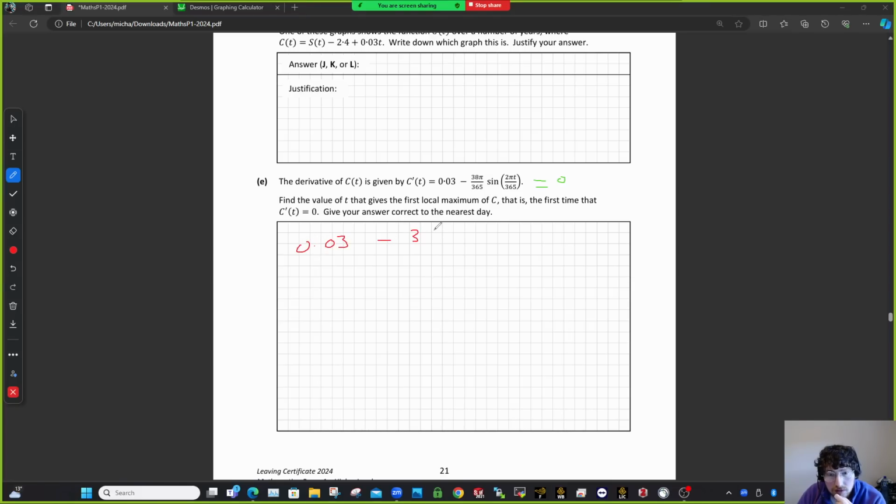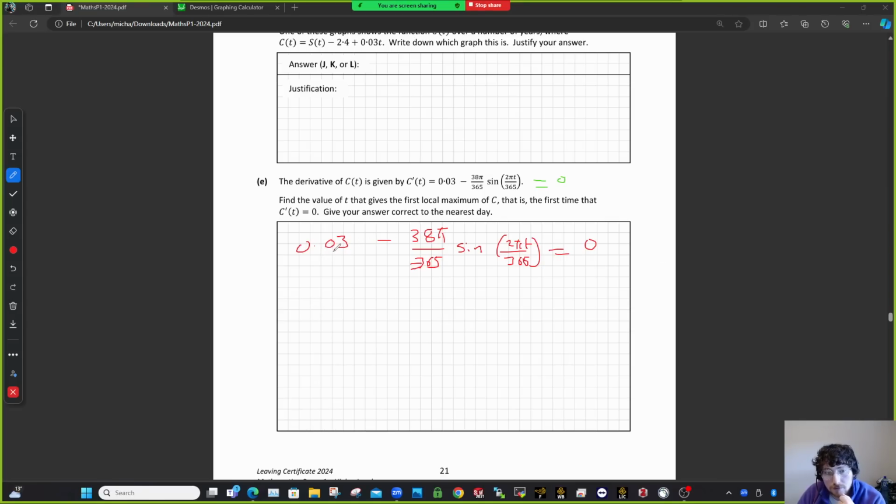0.03 minus 38 pi over 365 sine of 2 pi t over 365 equals 0. Move it around to get the sine on its own, so you'd bring it over the other side.